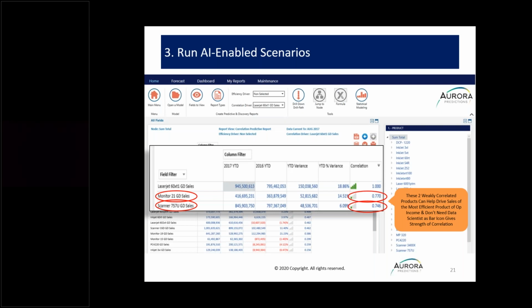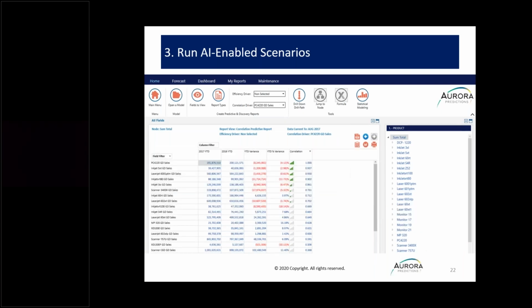So we can see these two products, which I happen to know as the analyst, have marginally good efficiency at generating operating income, are also correlated with sales for my LaserJet 60 XT1. Very important. So now I can help in thinking about how we're going to structure marketing plans with these two products to sell more LaserJet 60 XT1.